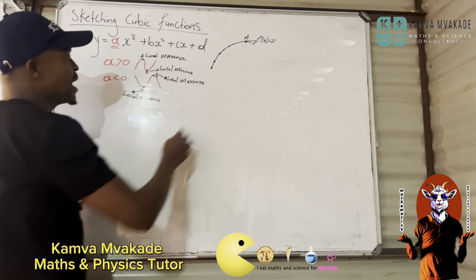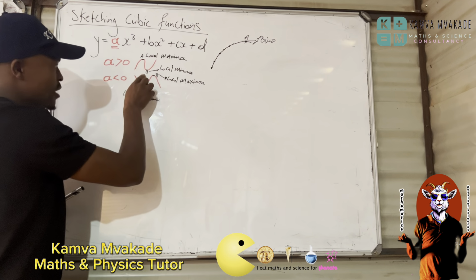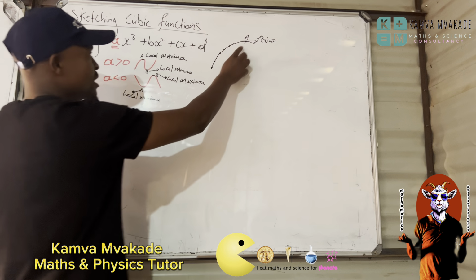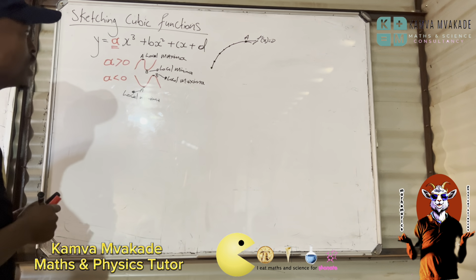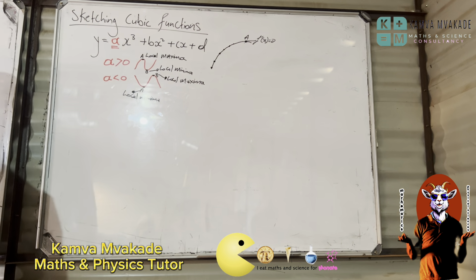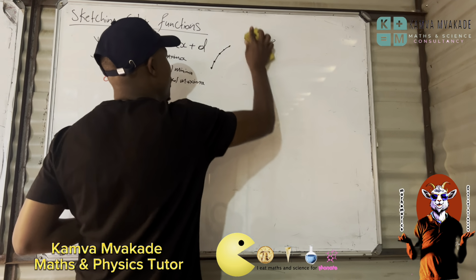So every time at the turning points A and B, our gradient will be 0.